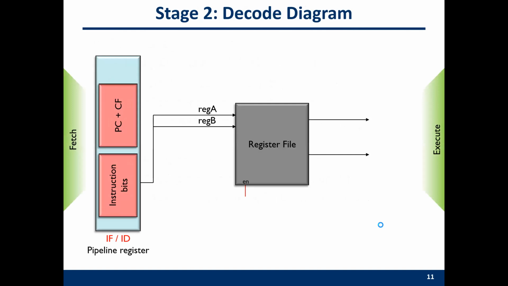So we have the instruction. For example, if we do an instruction like adding register A, we get the value from the register files.